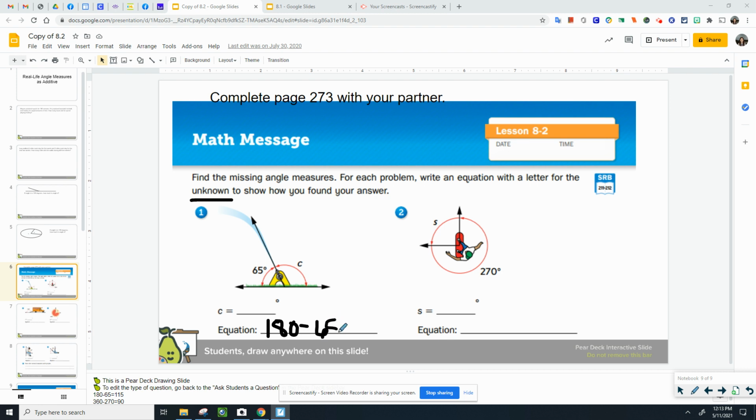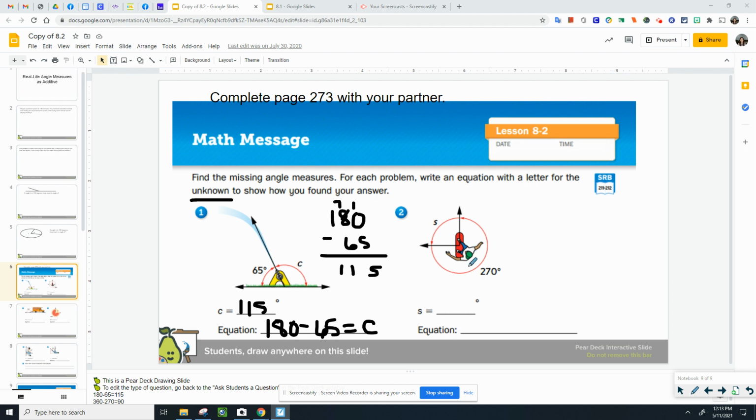So I'm going to take away 65 degrees. And I'm going to tell you that that's going to equal my missing letter. That's my unknown. So then to solve it, I line up 180 minus 65. And I get 115, which is what I would write in here because C equals 115. 180 minus 65 is 115.